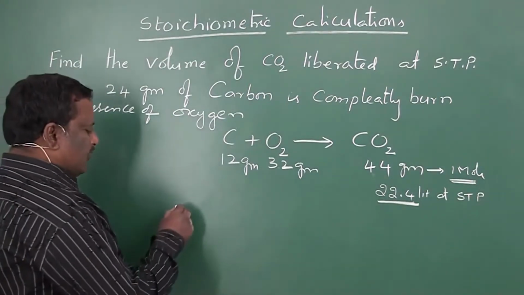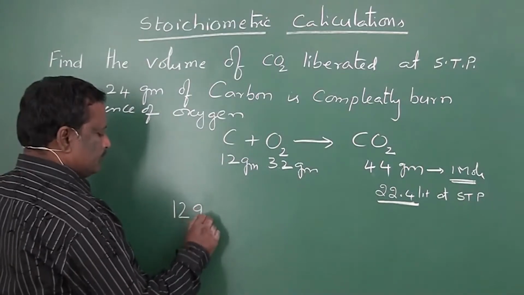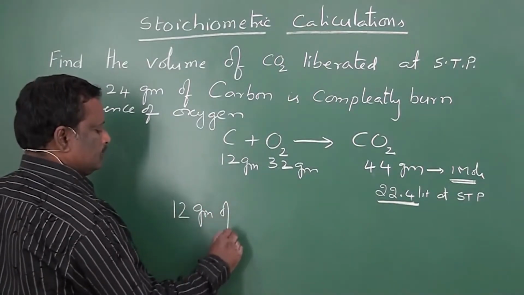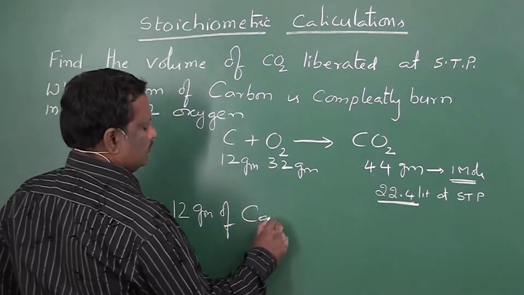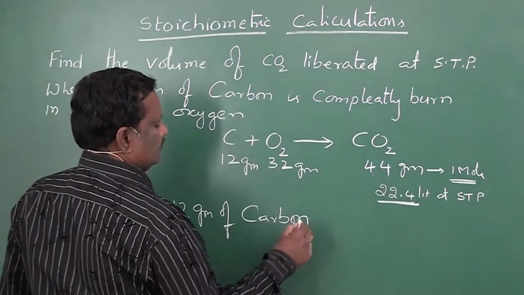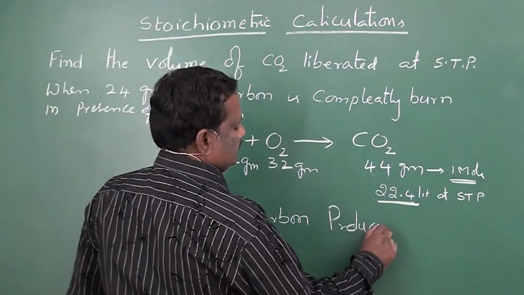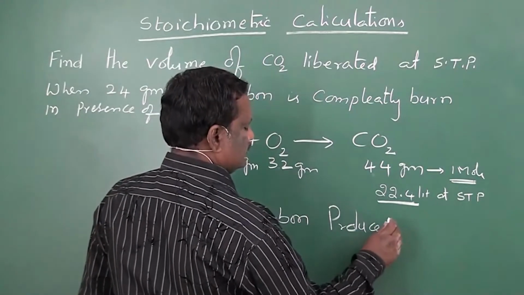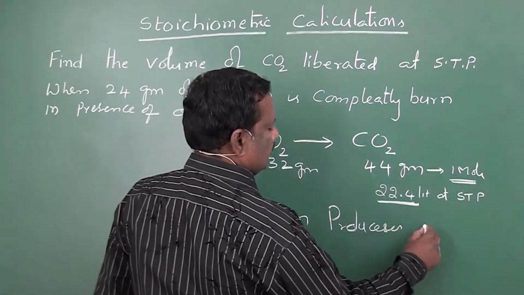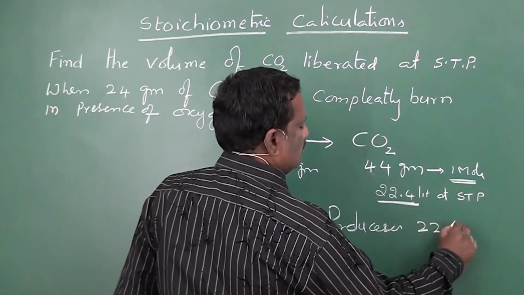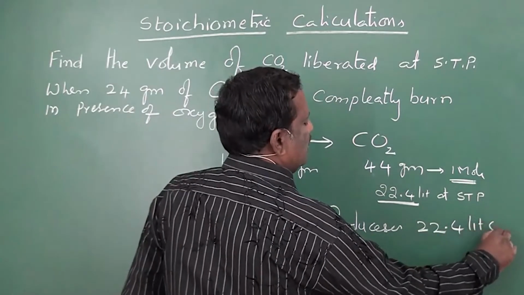So 12 grams of carbon produces 22.4 liters of CO2 at STP.